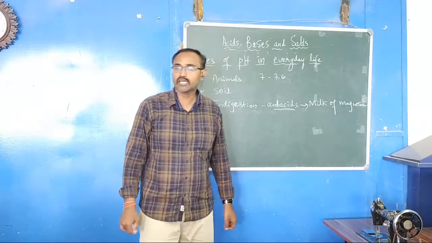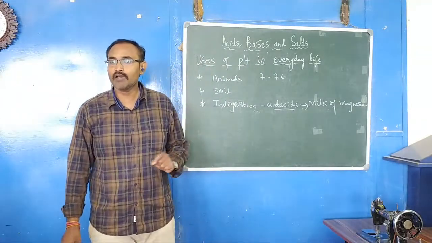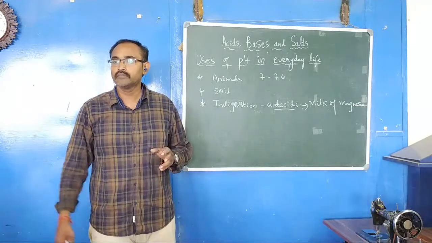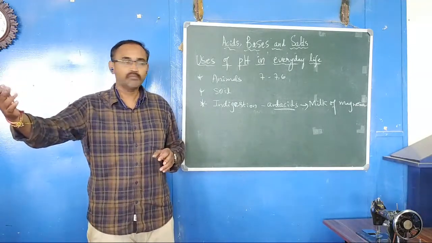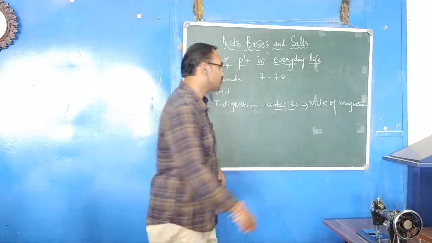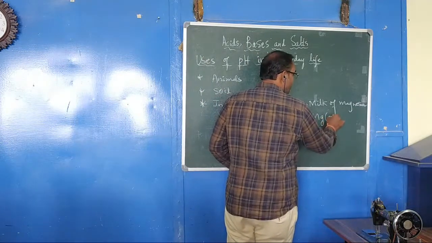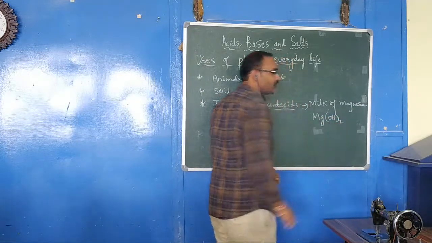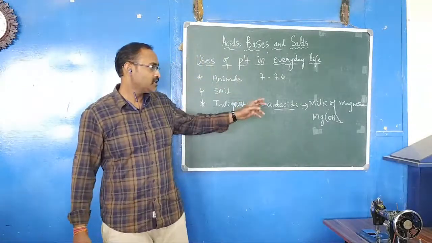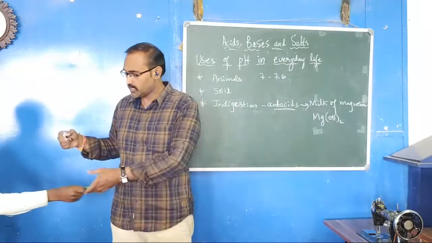The chemical name of milk of magnesia is magnesium hydroxide. It is nothing but magnesium hydroxide. The common name of magnesium hydroxide is milk of magnesia.